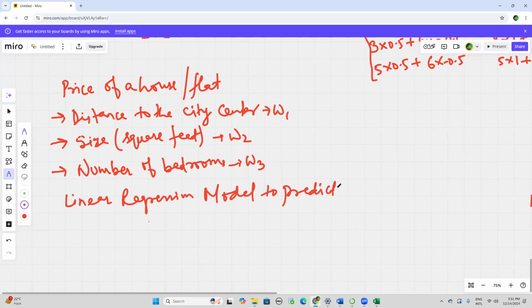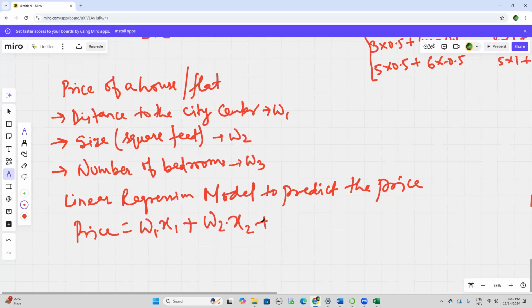It is a very simple formula. Based on this model, I will write the price of this flat as W1 into X1 plus W2 into X2 plus W3 into X3 plus, let's say, any constant B. This is the basic of the linear regression model.